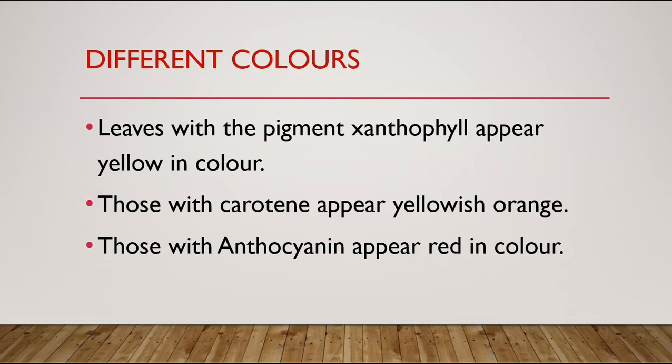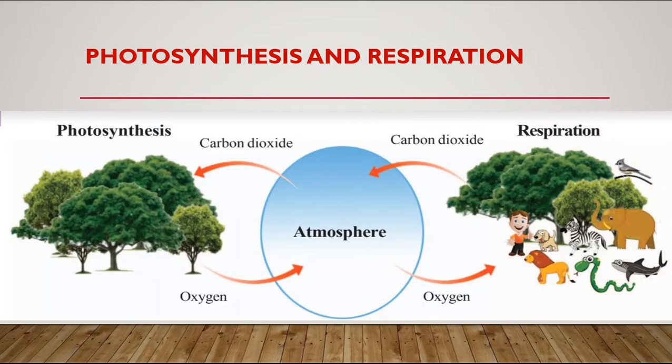Next section is photosynthesis and respiration. So what is photosynthesis? Photosynthesis is the process of preparing their own food by using carbon dioxide and water in presence of sunlight and chlorophyll. And the products are oxygen and glucose.